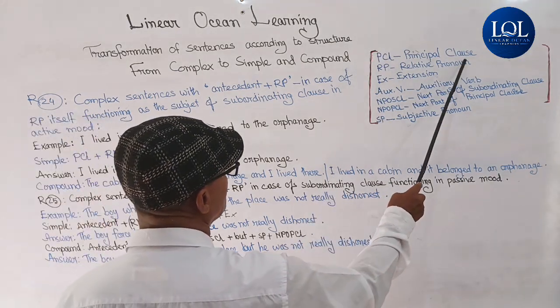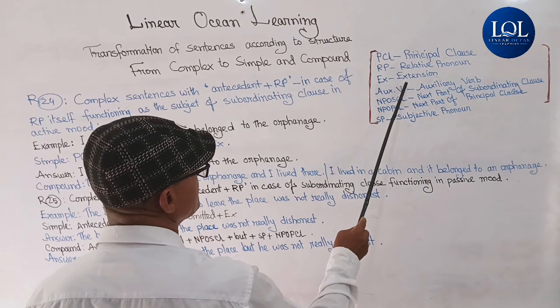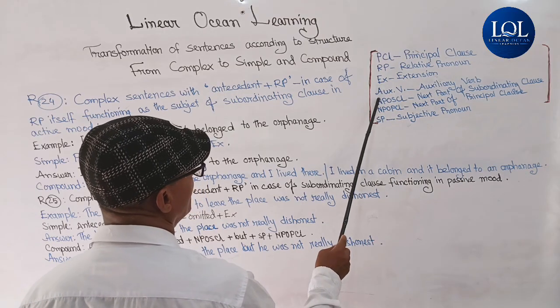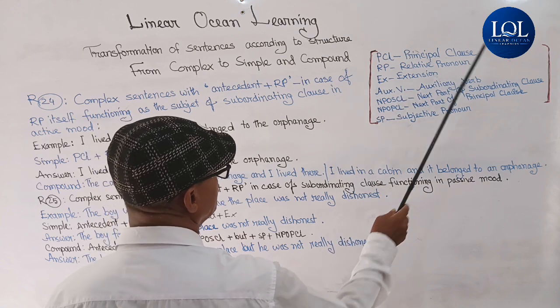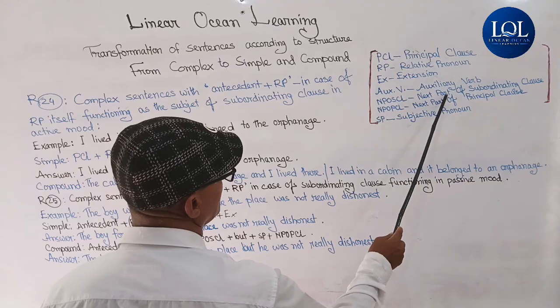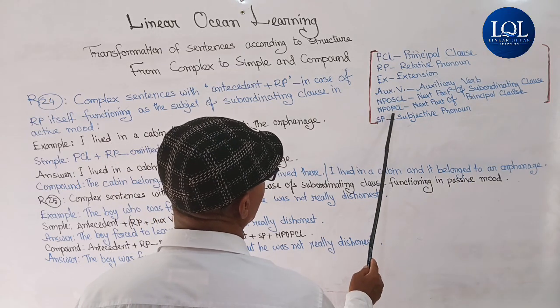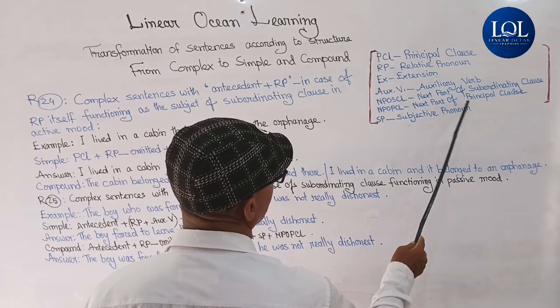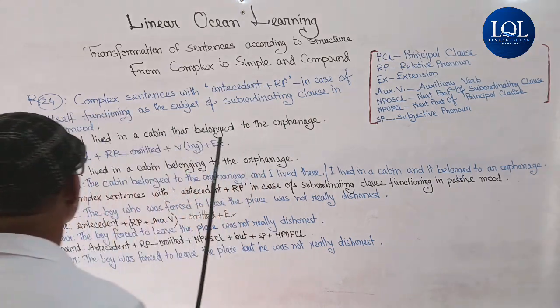PCL means principal clause, RP means relative pronoun, EX means extension, AUX V means auxiliary verb, NPOSCL means next part of subordinating clause, NPOPCL means next part of principal clause, SP means subjective pronoun.